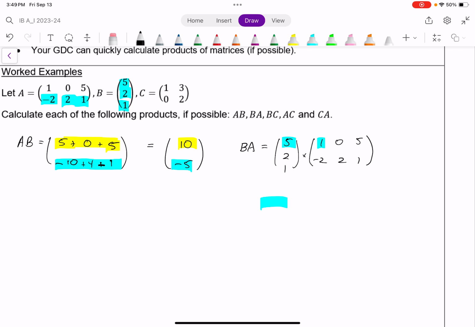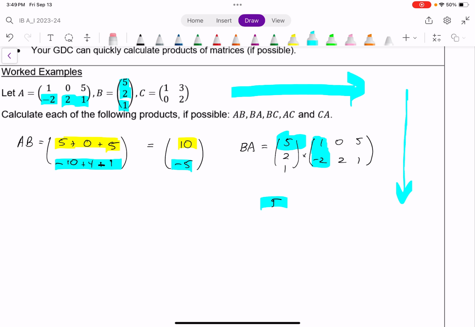Okay, that's 5. But then there's nothing else beside the 5, yet there is a number below the 1. We always go this way for our first matrix and down this way, and those two have to have the same number of values. In this case, I only have a single value here, but I have 2 values here.